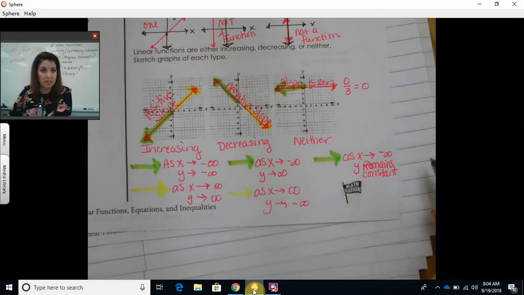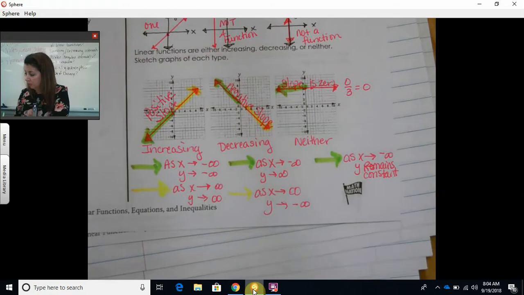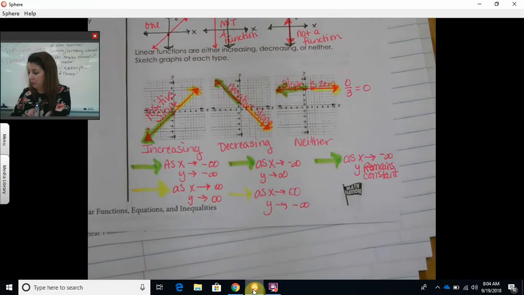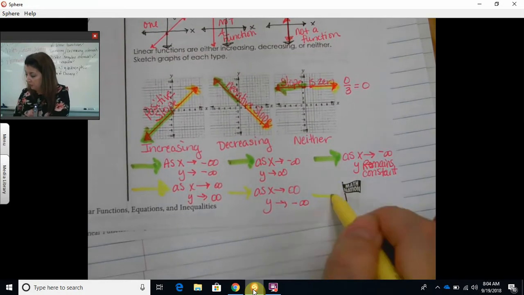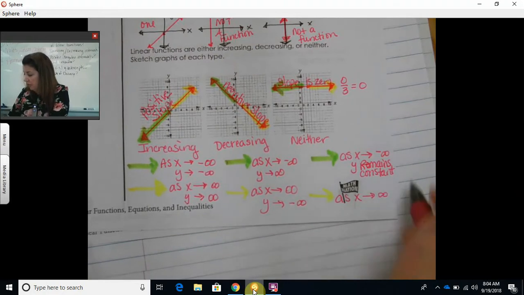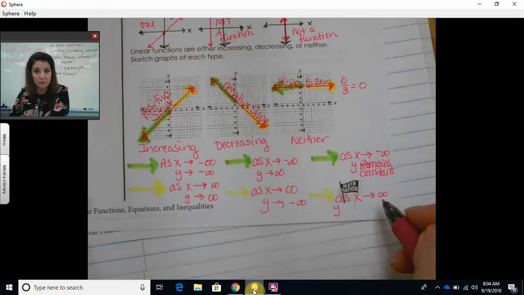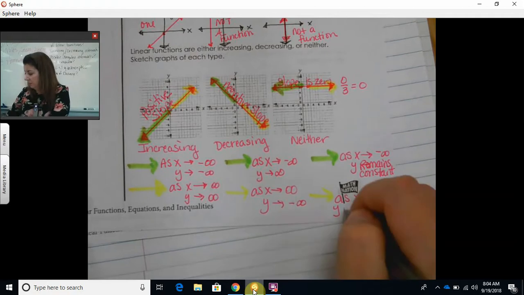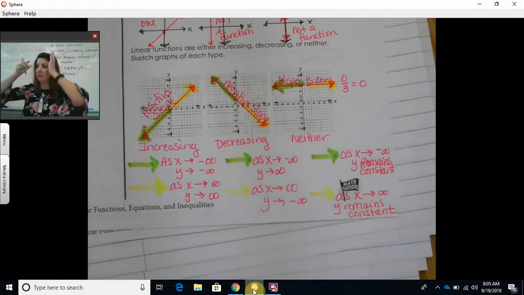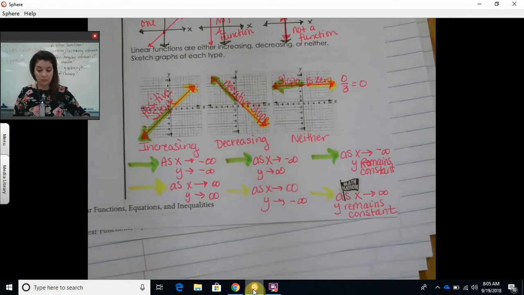As x approaches negative infinity, y remains constant. The right side of the graph, when you're going to the right, your x is always approaching positive infinity. So as x approaches positive infinity, what's y doing on the right side? Remains constant. Everybody cool with that? All right, next page.